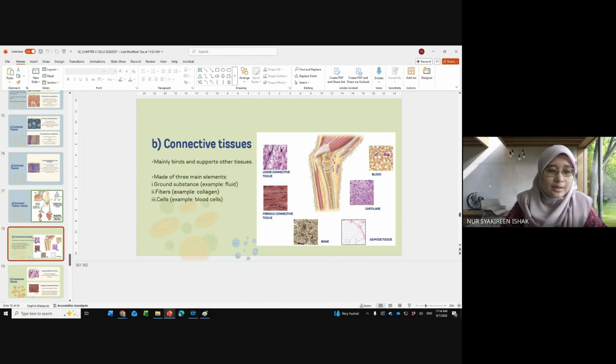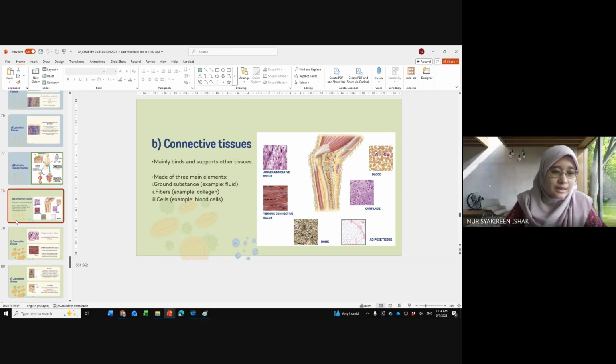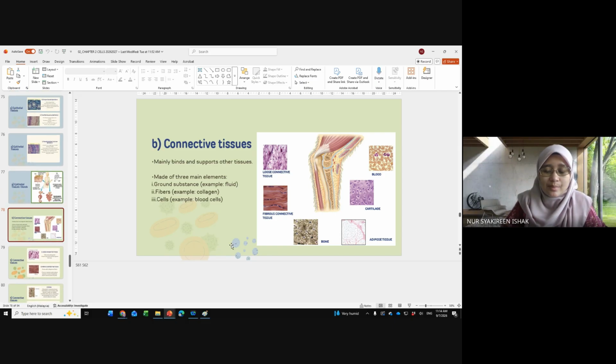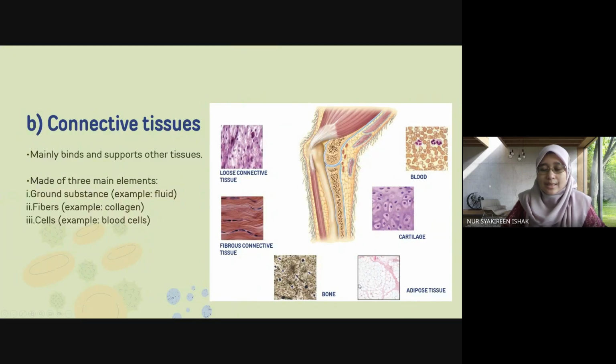Okay, so let's move on to the next type of tissue, which is the connective tissue, right? Connective tissue mainly binds and supports other tissues. It is made of three elements: the ground substance, which is fluid; fibers, examples are collagen; and cells, examples are the blood cells.